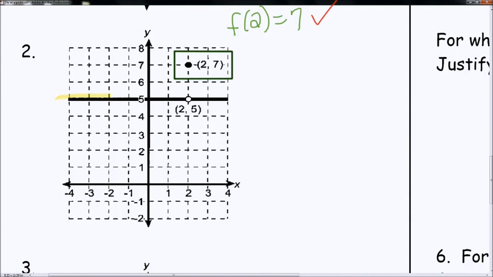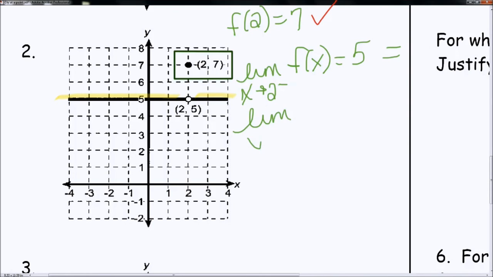If we're coming in from the left, and now we're coming in from the right, am I ending up at the same spot? And the answer is yes. So the limit as x approaches 2 from the left of f of x is equal to 5, and that is equal to the limit as x approaches 2 from the right of f of x, which is also 5. So we're good there. My limits are coming to the same spot.